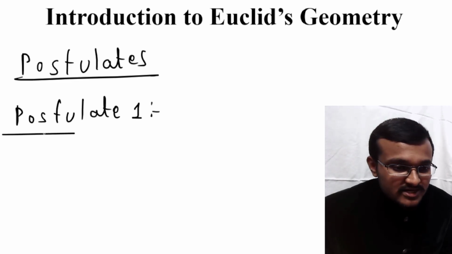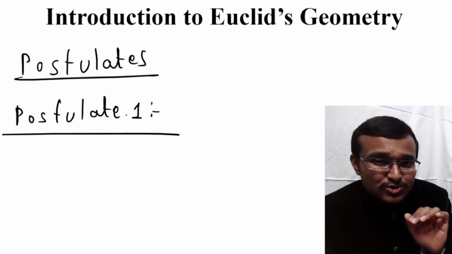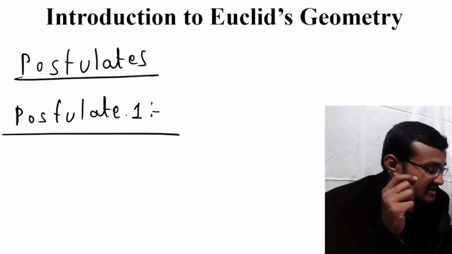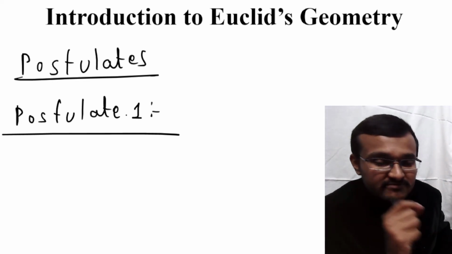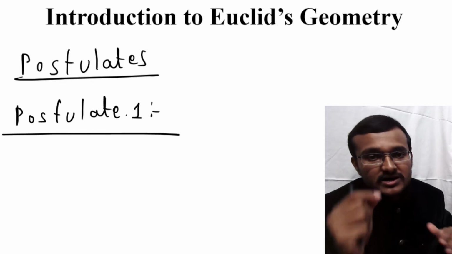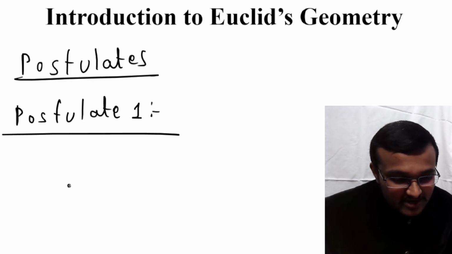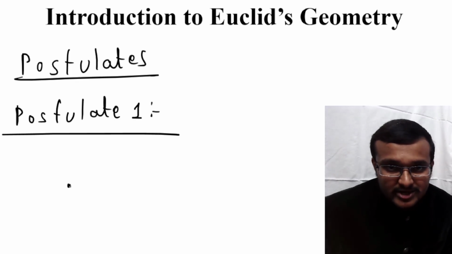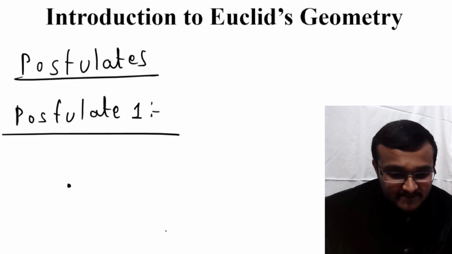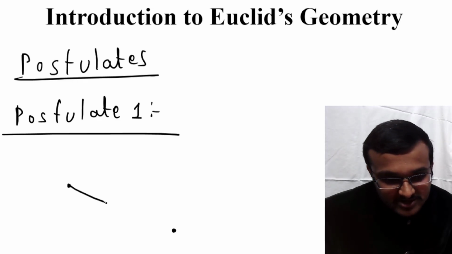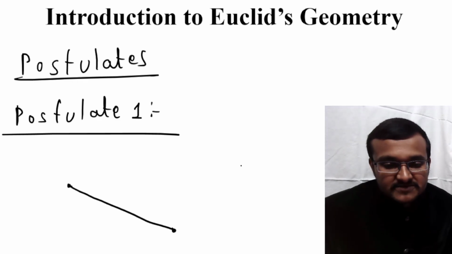In this first postulate, Euclid assumed that a straight line may be drawn from any one point to another point. For example, if I put one point here and one point here, a straight line can be drawn between these two points.